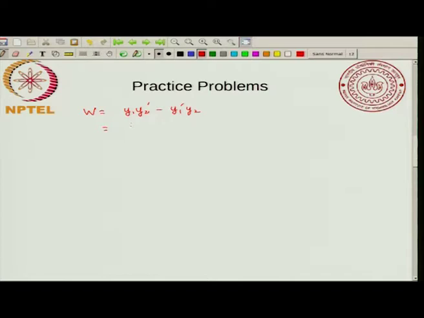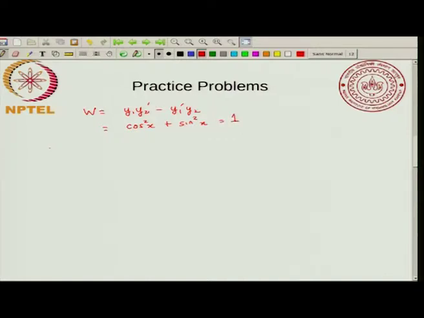Here y1 is cosine of x, and y2 prime is the derivative of sine, which is cosine x. So you get cos square x, and then you will have minus sin x into minus sin x, so you get plus sin square x. This is equal to 1. So W equals 1.